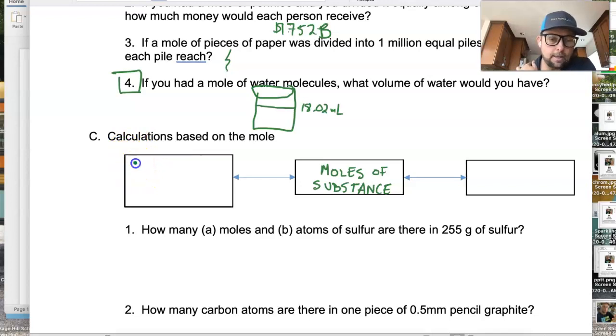If we're given the grams of a substance, we are going to divide by the molar mass from the periodic table of that atom or molecule.